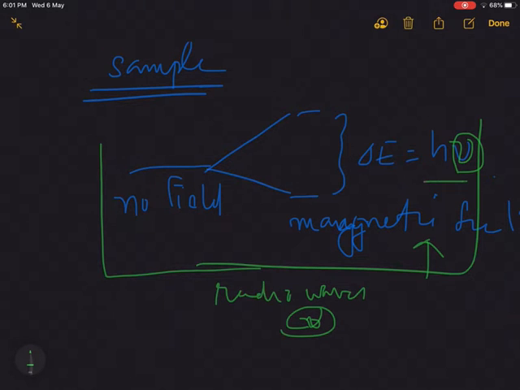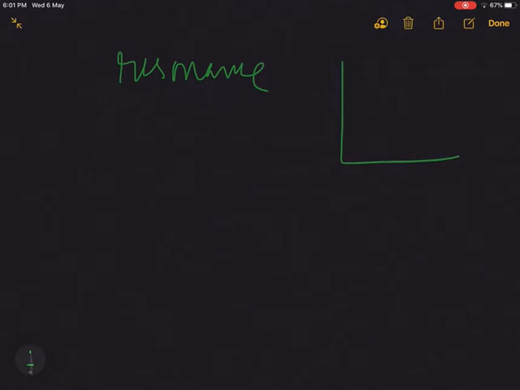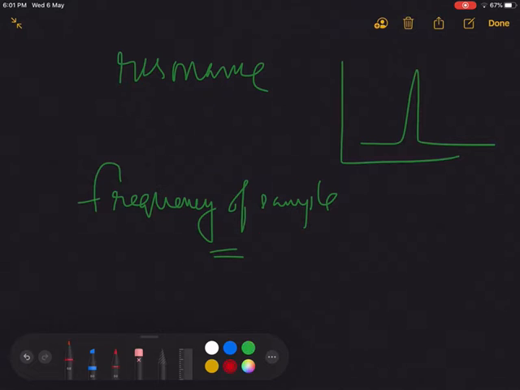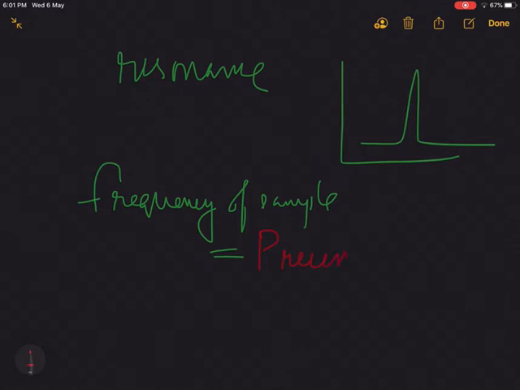When the frequency of the sample is equivalent to the frequency of the radio frequency radiation, there is resonance, and we get an NMR spectrum peak in the NMR instrument. The frequency of the sample is called the precessional frequency. That can be varied by changing the magnetic field of the instrument.